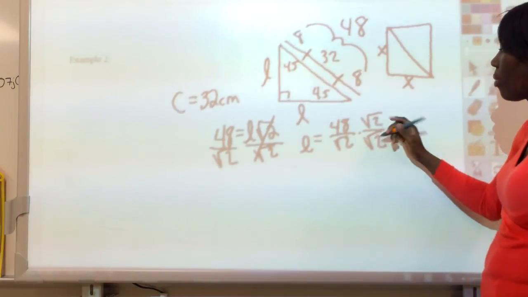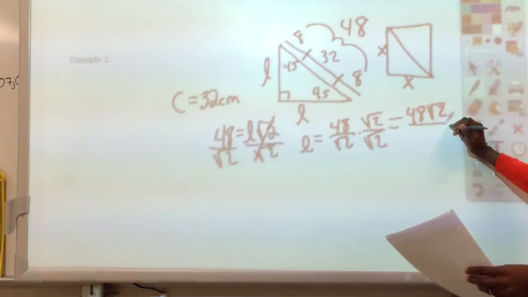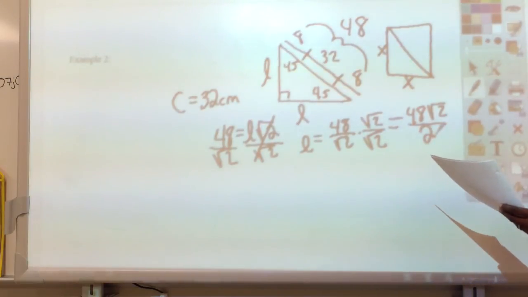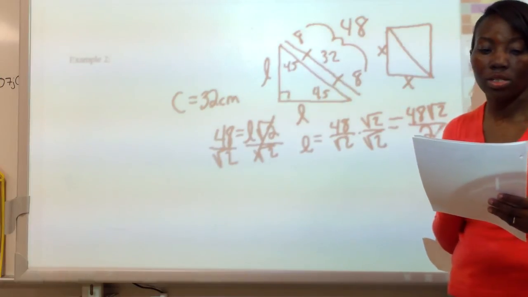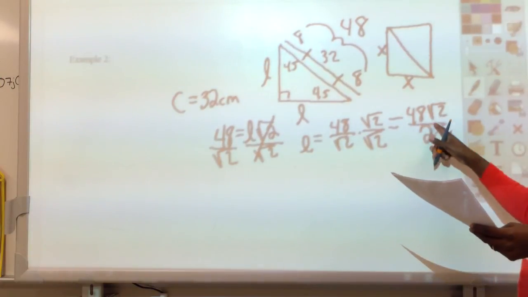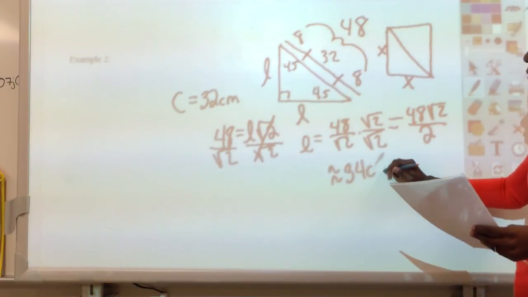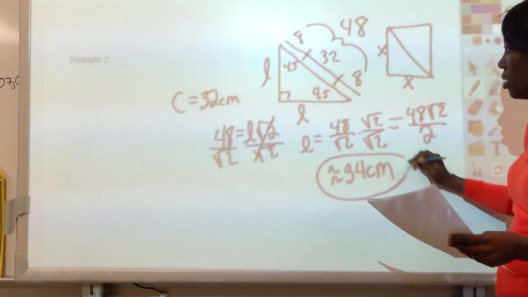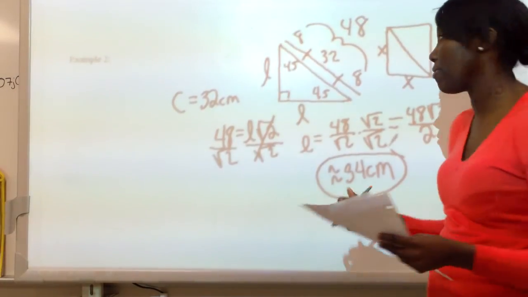Rationalize by multiplying by radical 2 over radical 2. That gives us 48 radical 2 over 2. And so it says to round to the nearest centimeter. If you put that in your calculator, it's approximately 34 centimeters, the side lengths of that triangle. And that sums up 45-45-90.